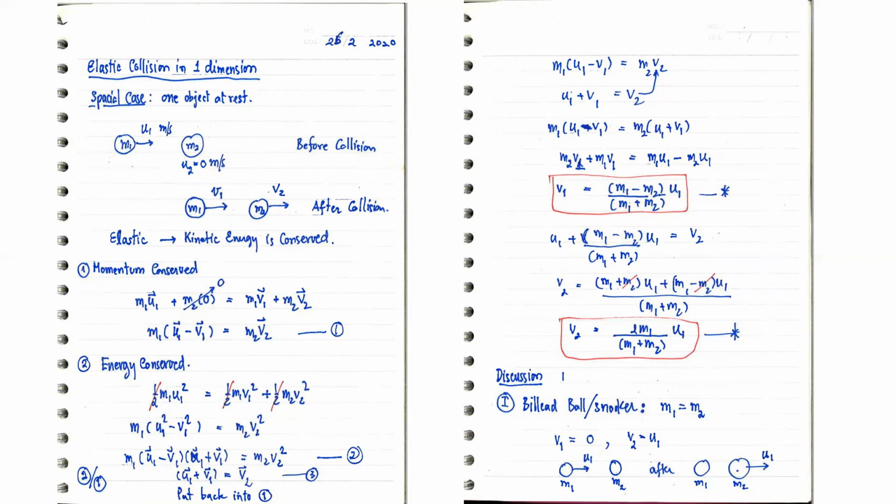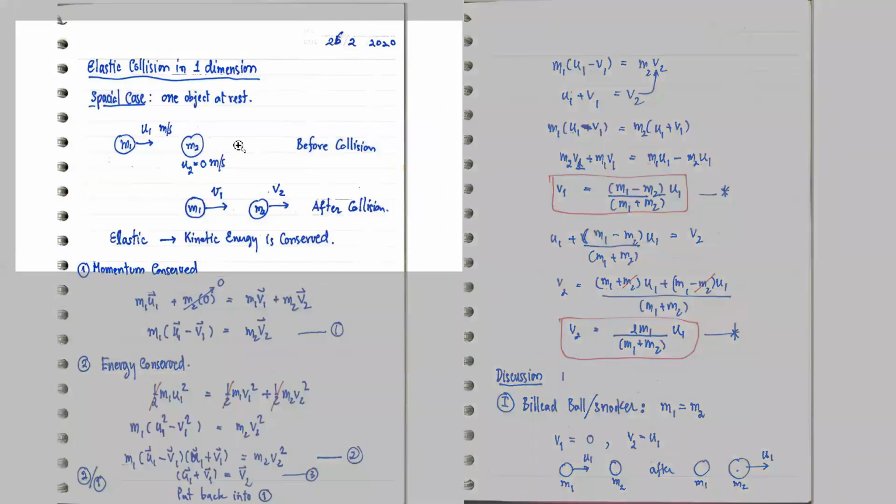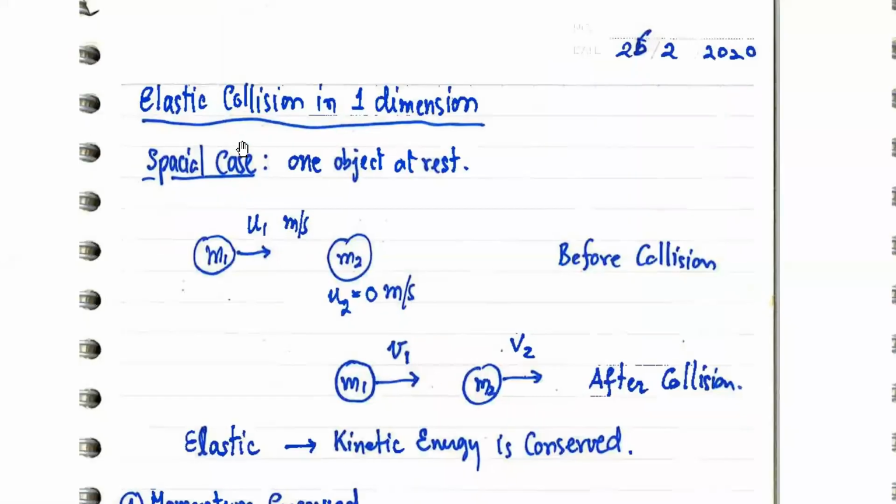So if we're doing an elastic collision in one dimension, what will happen? Well, we have a case where it's inelastic because they collide and stick to each other. But let's assume that they don't connect to each other after collision.